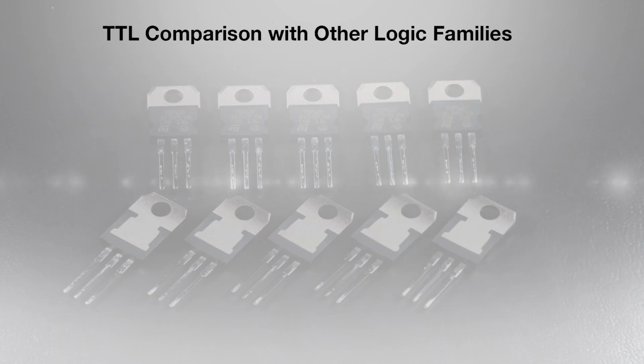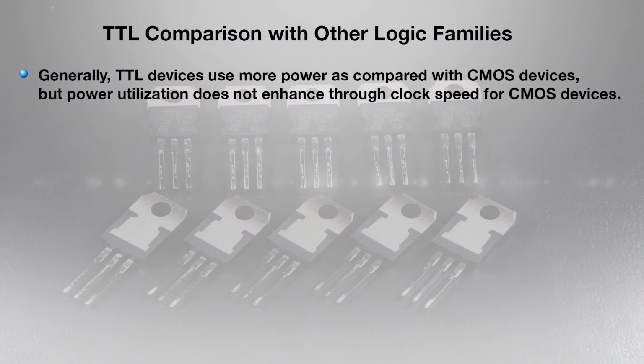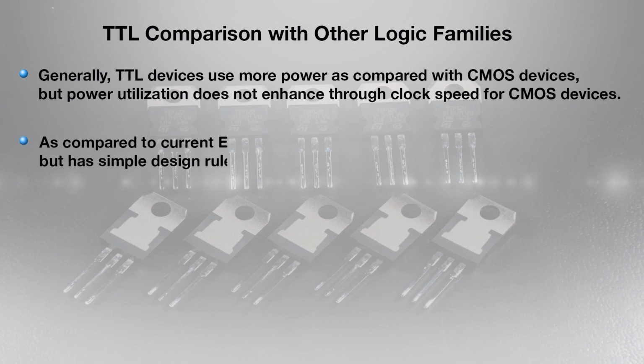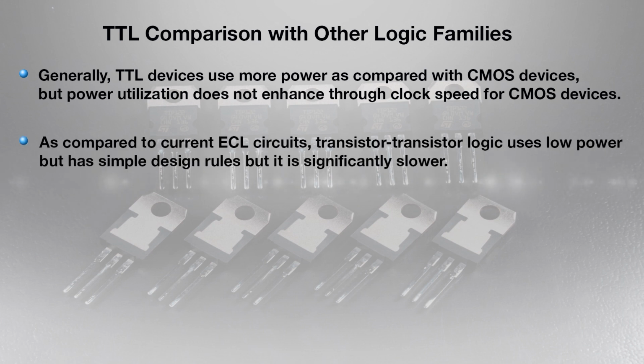TTL comparison with other logic families. Generally, a TTL device uses more power compared to a CMOS device, but power utilization does not increase with clock speed for a CMOS device, as compared to current ECL circuits.